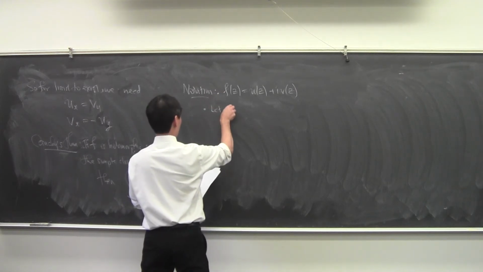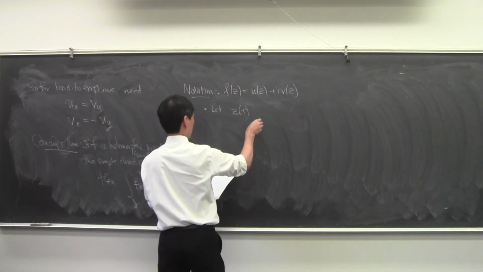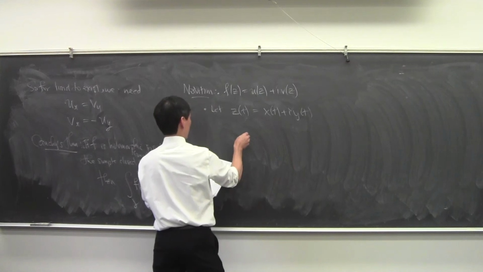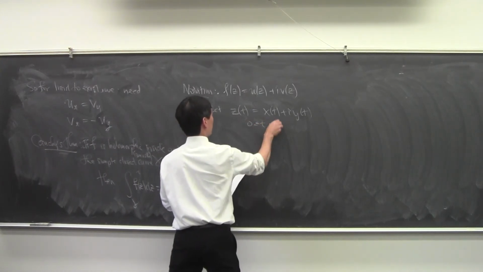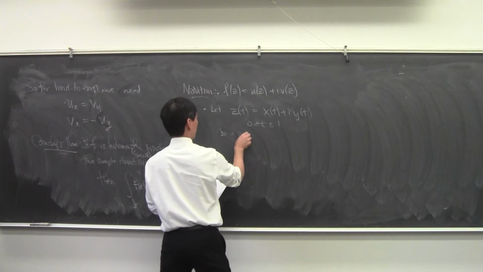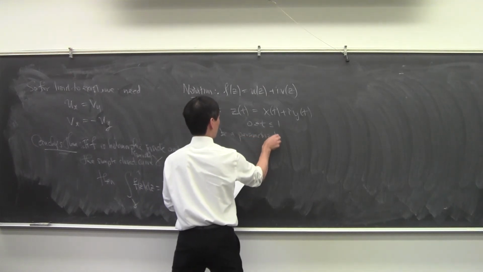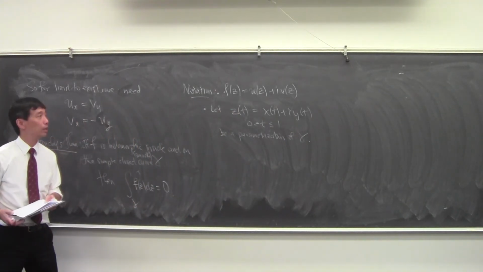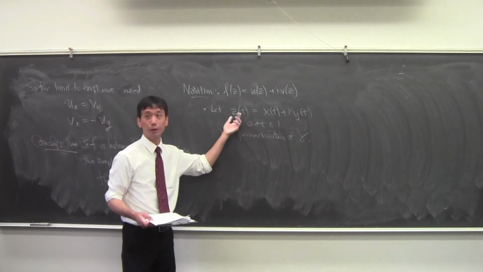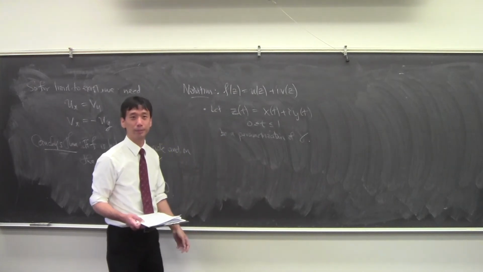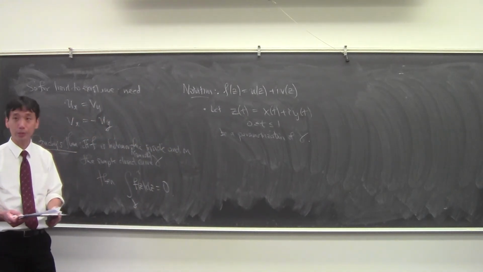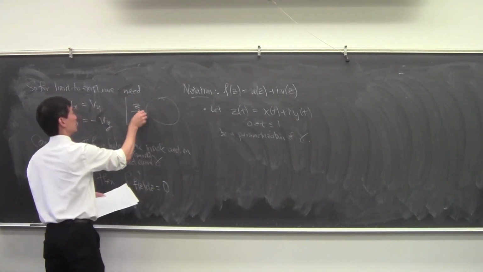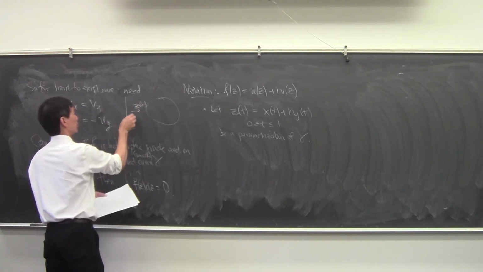Let z of t be x of t plus i y of t, where t goes from 0 to 1, be a parametrization of gamma. So this is like our r of t that we've had before. I'm just going to call it z of t now. So you have some curve, parameterized by z, going from 0 to 1.